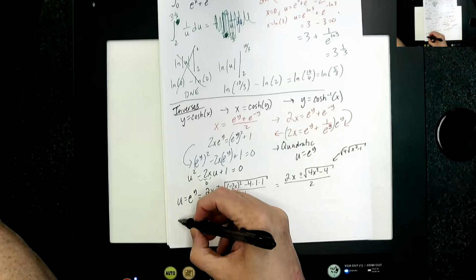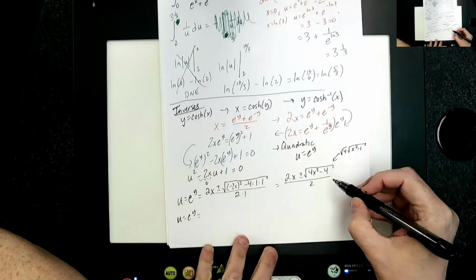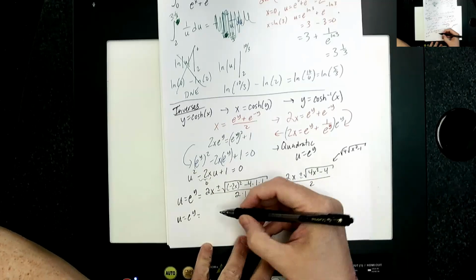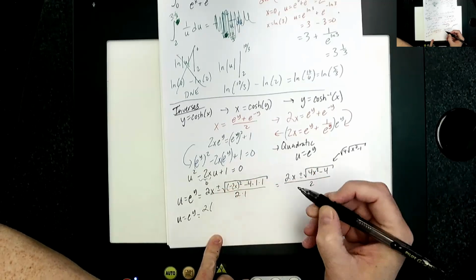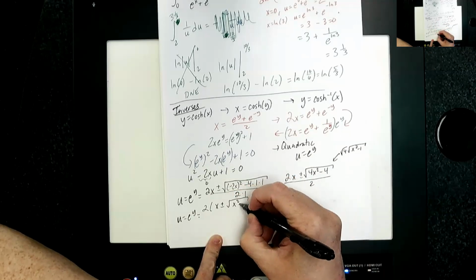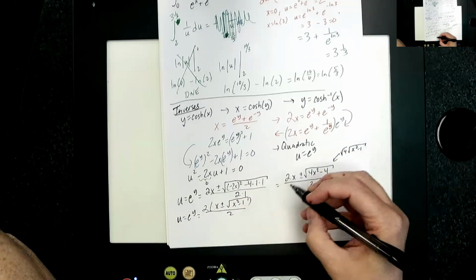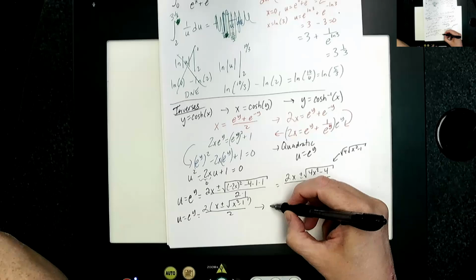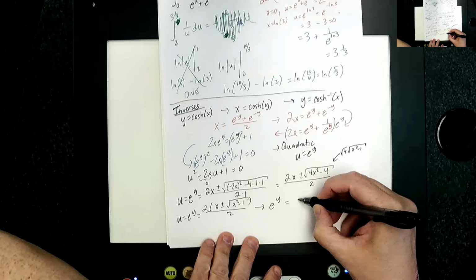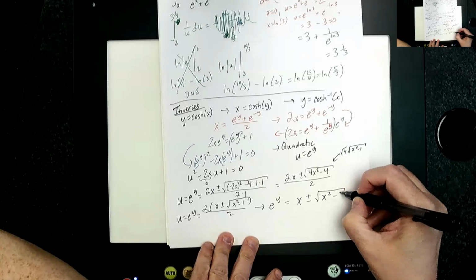So u, which is e to the y, equals 2 times x plus or minus square root of x squared minus 1 on top, 2 on bottom. The 2's cancel. e to the y equals x plus or minus square root of x squared minus 1.